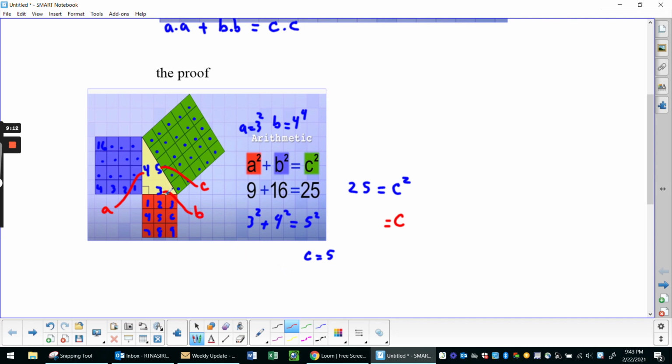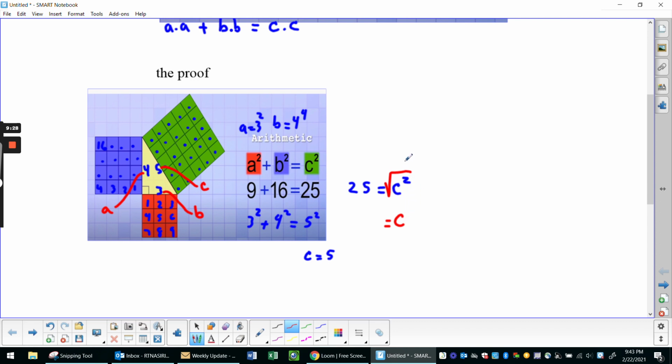We're going to be given the A and the B. We want to figure out what C is, but when we solve it, at the end, what we have to do to figure out what C is, is square root C squared. When you square root C squared, you'll get C.